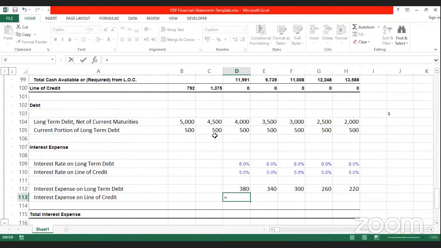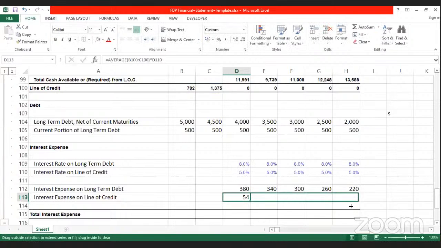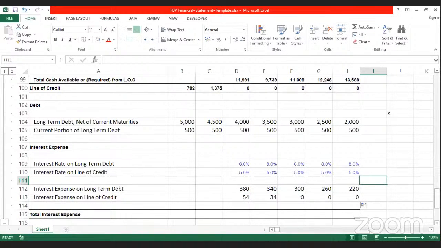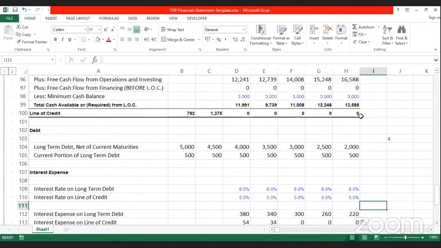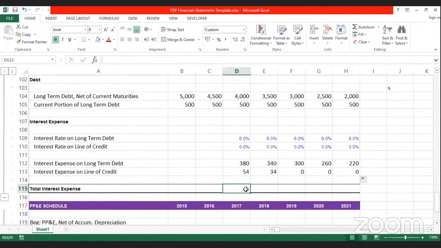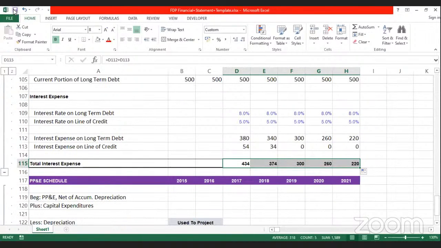Instead of that, directly we will take the average of this into 5%. This will help us to get the actual numbers. As of now it is coming 0 because we have not inserted any amount over here. Total interest is long-term plus line of credit. I'll just drag this so that automatically the formula will get pasted.